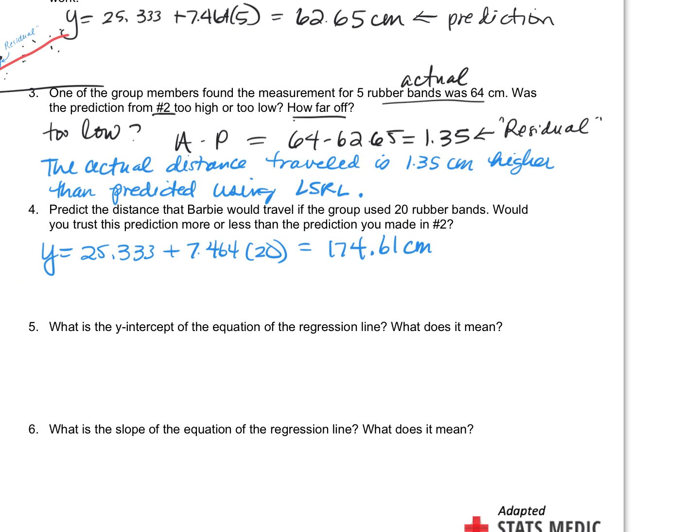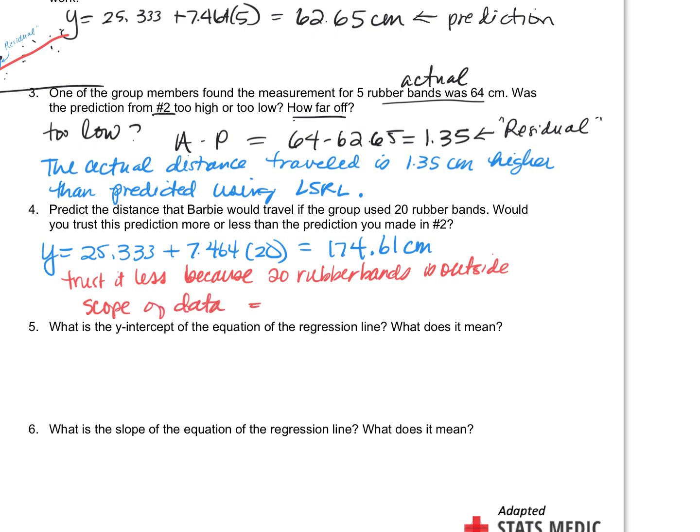Would it be less? It would be trust it less because 20 rubber bands is outside, let's say, the scope of the data.